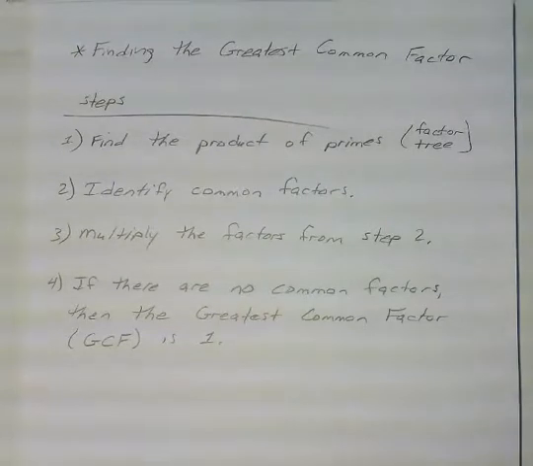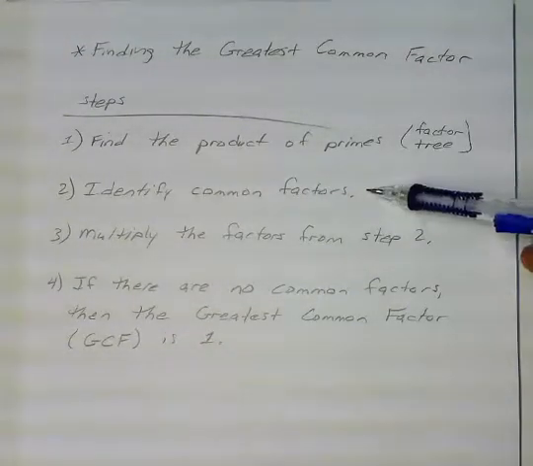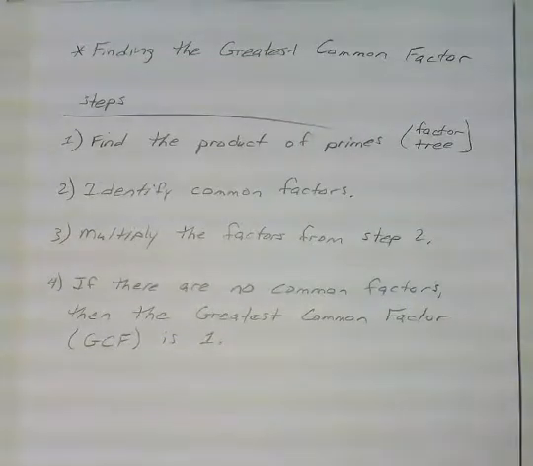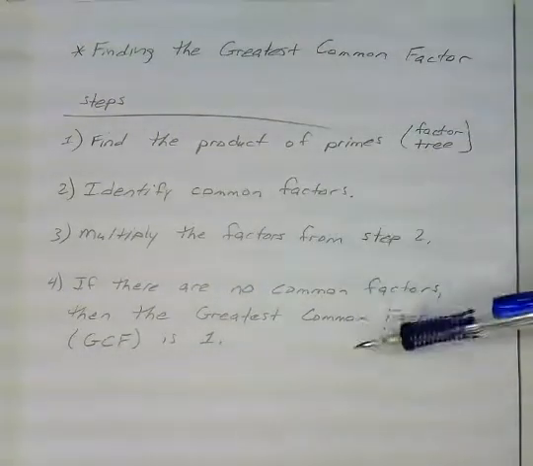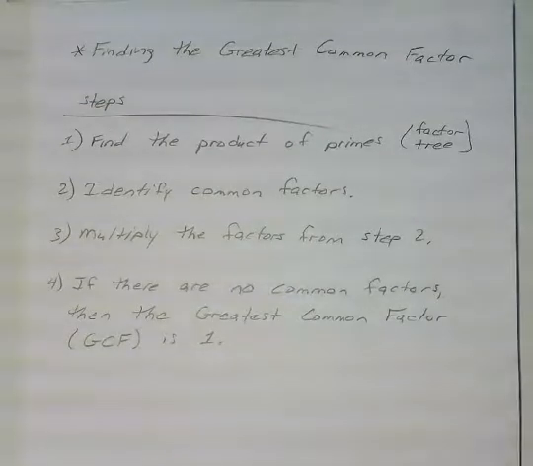Step number 2, you're going to identify the common factors. Step number 3, you're going to multiply the factors together that you received from step 2. Step number 4 is one of those what if steps. If there are no common factors from step 2, then the greatest common factor is equal to 1.